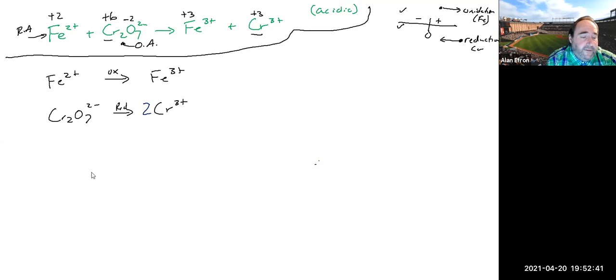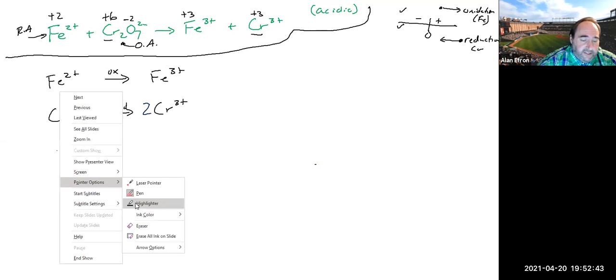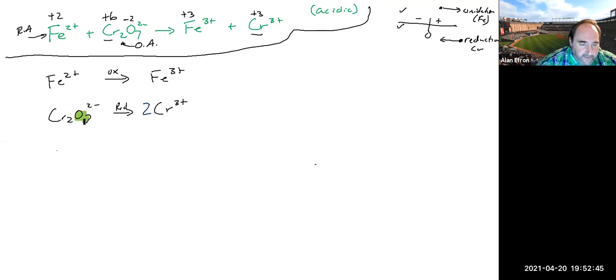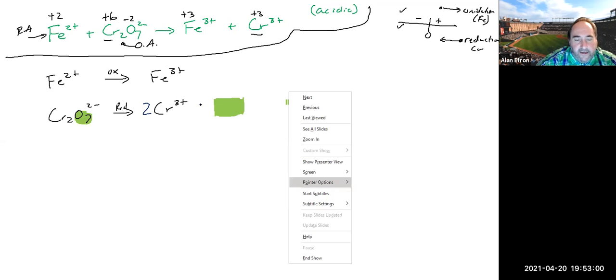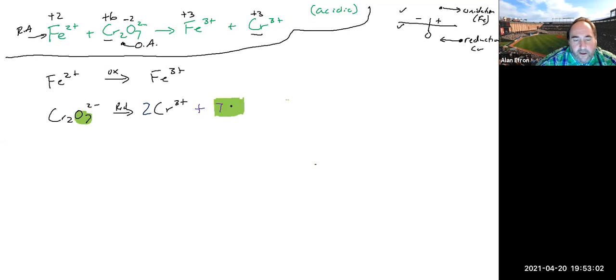When we look at the second half reaction, we see that we have 7 oxygens on the left and none over here on the right. That means that we need to add over here on the right-hand side 7 waters. And we're going to add that 7 waters.